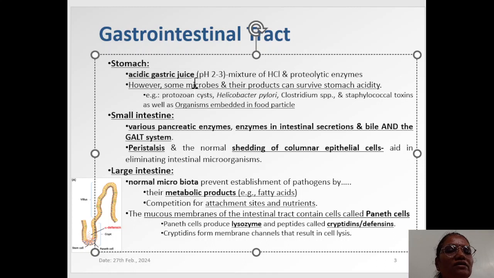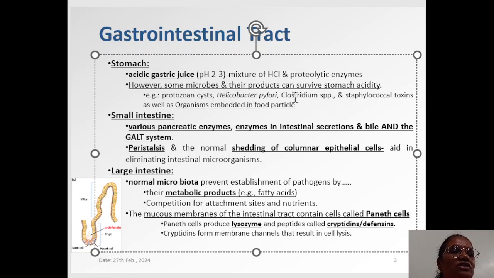Those having some specific structural peculiarities, however, can pass safely through the stomach acidity, like cysts of protozoa. Helicobacter pylori is an organism which can sustain this area and can cause gastric ulcer.